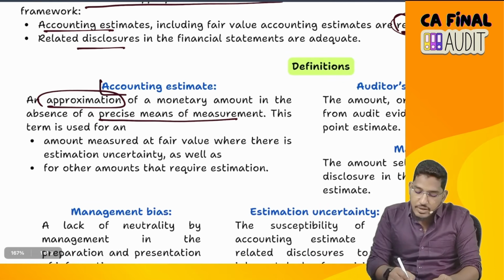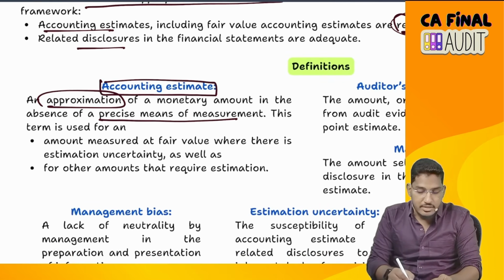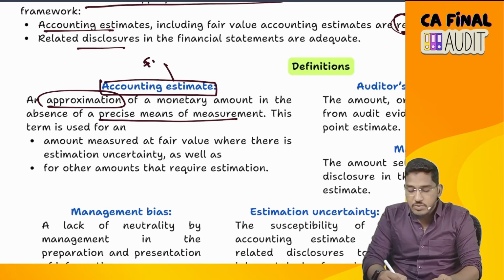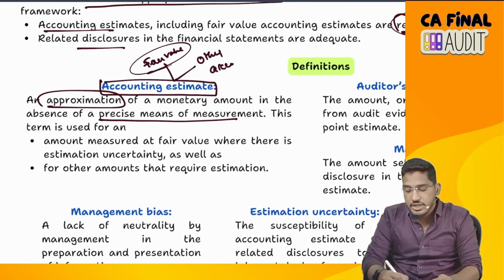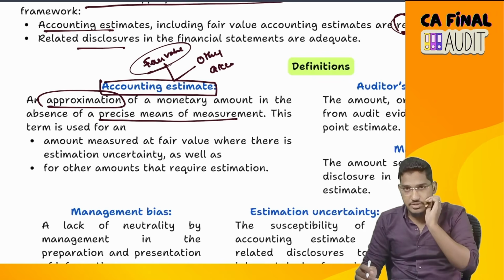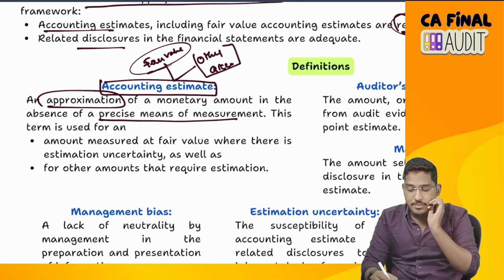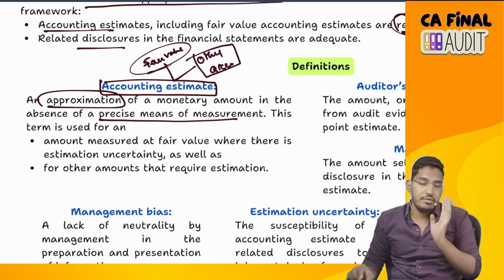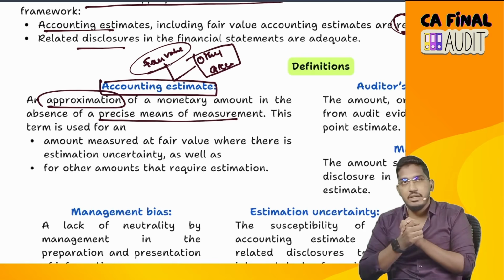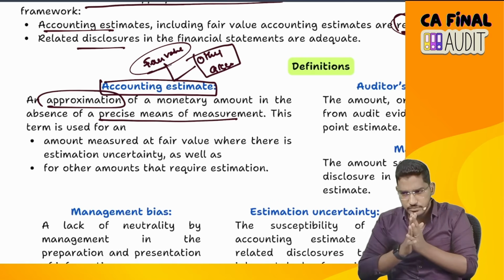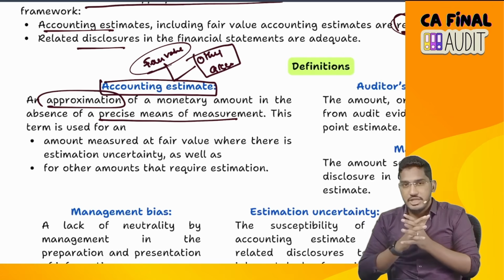And these accounting estimates can be divided into two categories: those accounting estimates which involve fair values and other accounting estimates. There are some accounting estimates which require fair value adjustments, whereas there are some which do not require any fair value adjustments. For example, take a scenario where I have to value shares.